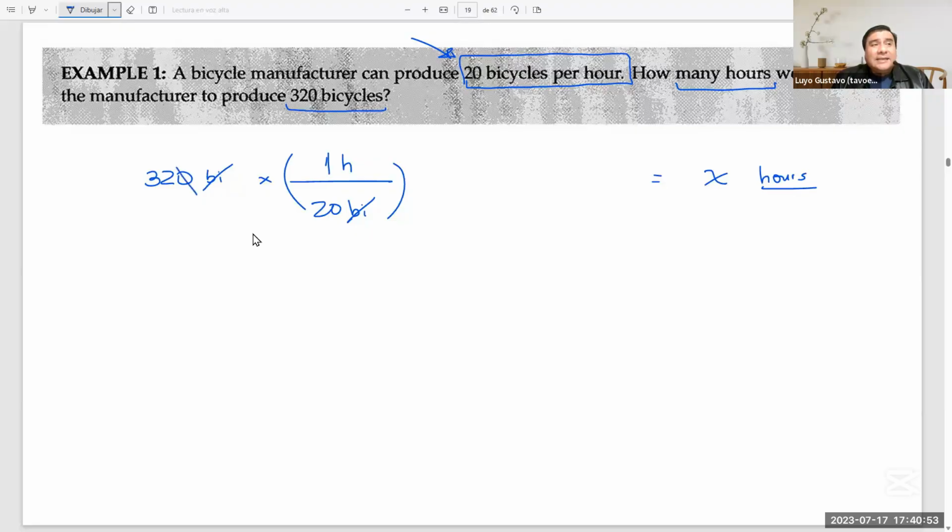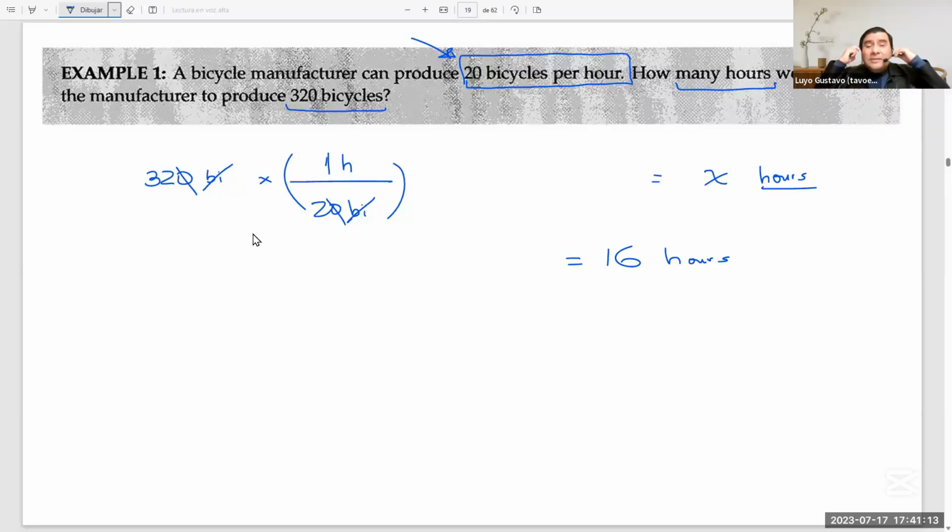If you do this, you can get this right. Okay, this doesn't need a calculator actually, 32 divided by 2, and you get the value, right? This is 16 hours. Yeah, perhaps you say, this is like weird. What I would have done is divide directly 320 by 20.